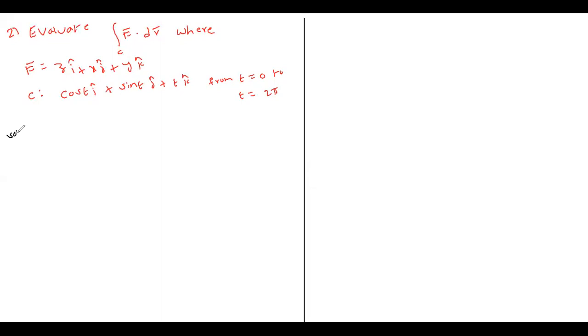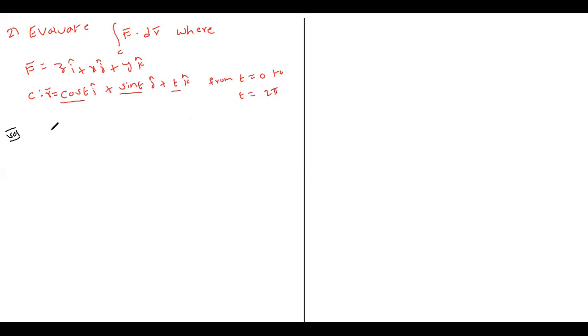Now you can see there are three components. The x component is there, the y component is there, as well as the z component. That means it is obviously a space curve, ranging from t equal to 0 to t equal to 2 pi.